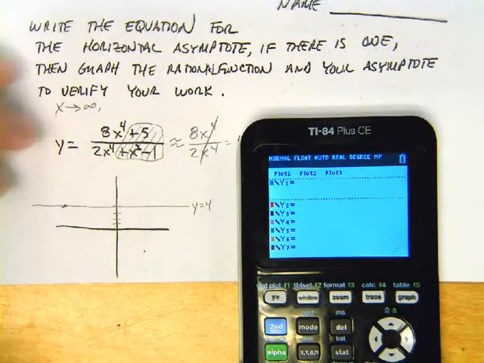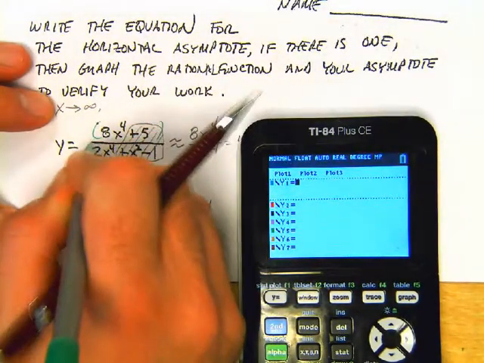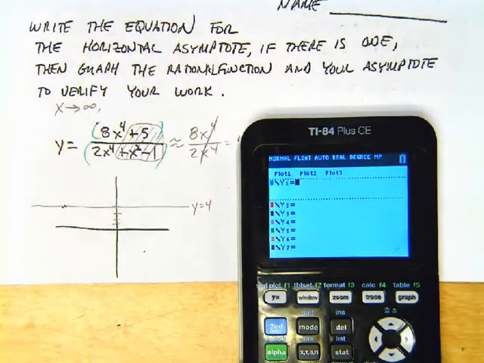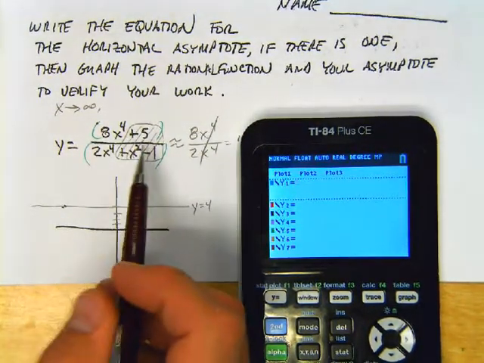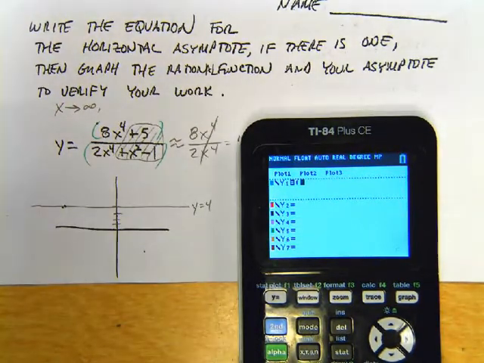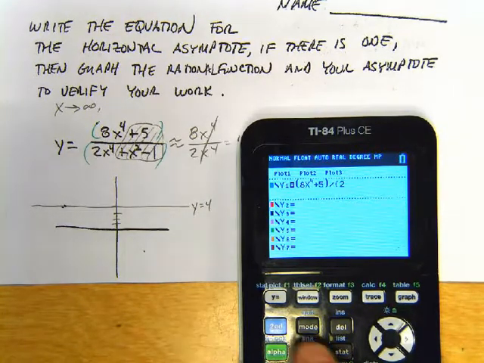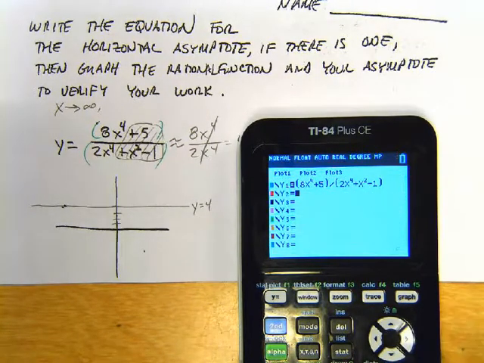So with that in mind, we need to enter this equation, and you need to make sure you have parentheses around the top and the bottom, or when you enter this in your calculator, it'll do 5 divided by 2x to the fourth, and then add all the rest of the terms. So 8x to the fourth plus 5, close parentheses, divided by open parentheses, 2x to the fourth plus x squared minus 1, and our asymptote should be at 4.